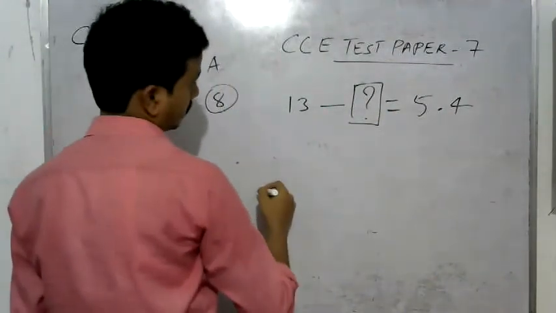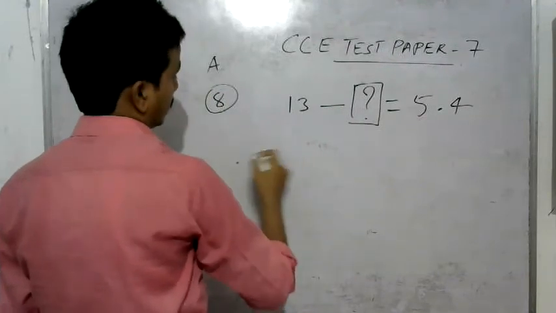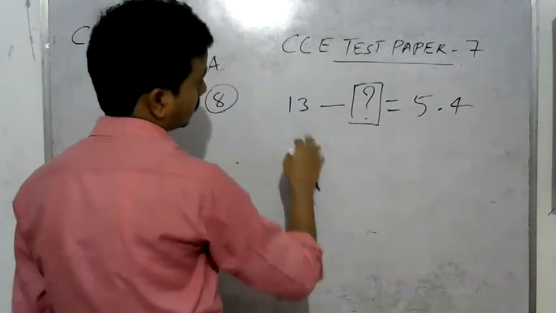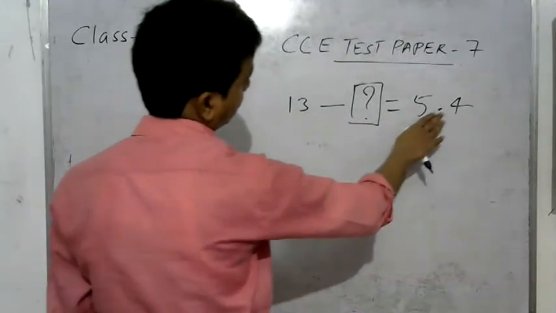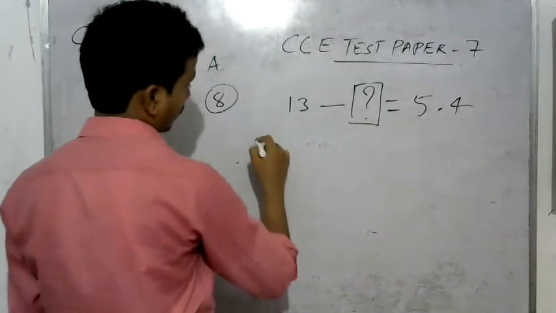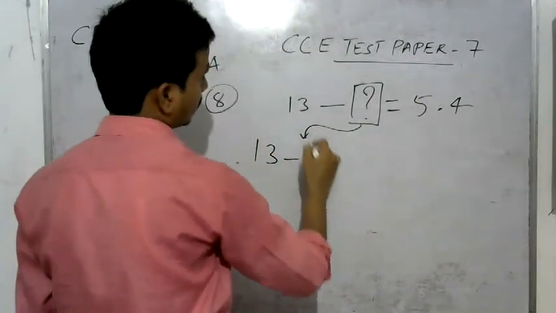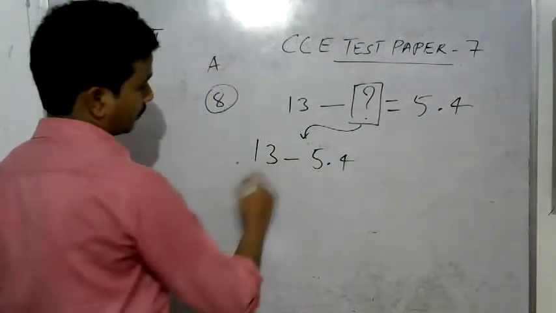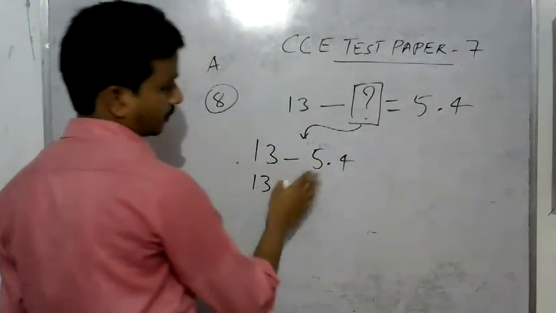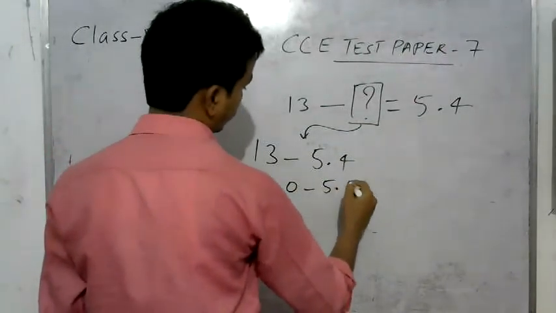So since something is subtracted from 13, it means that this number is smaller. So the number will be equal to 13 minus 5.4. First of all make it into like decimal, 13.0 minus 5.4.